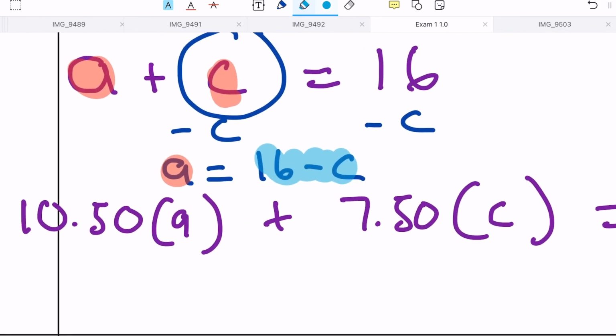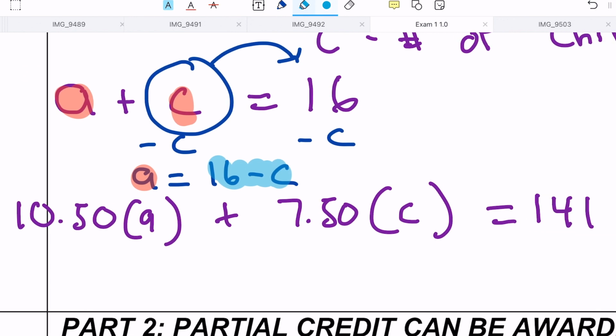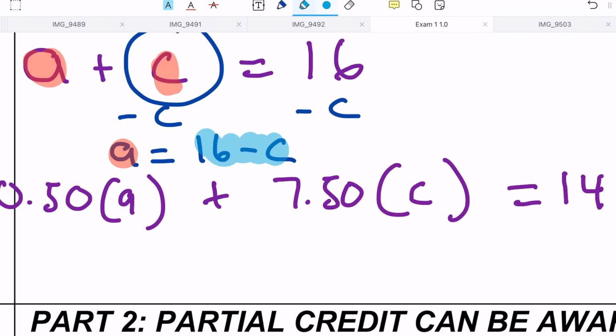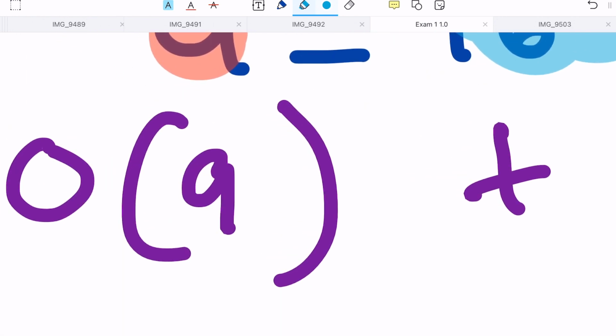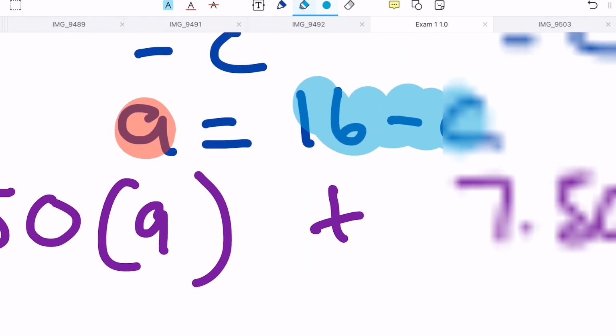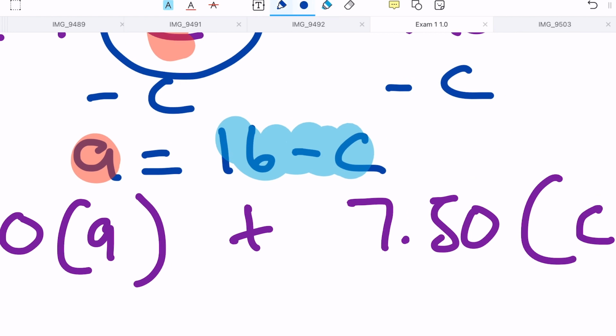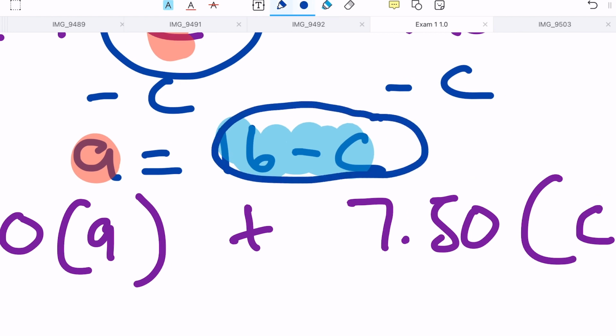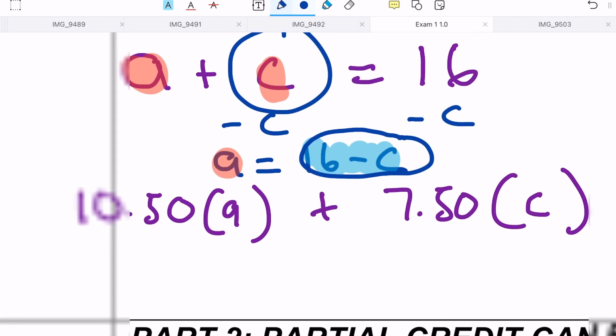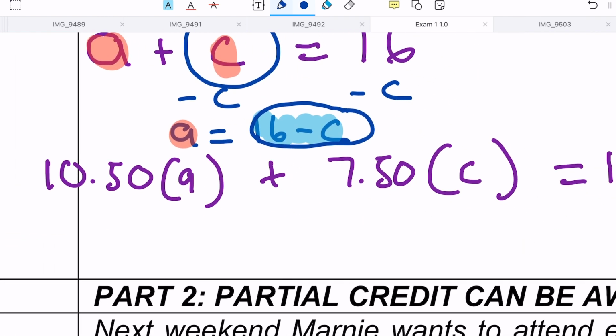My other equation is 1050A plus 750C is 141. But what am I going to trade A for? I'm going to trade A for 16 minus C because I don't want A. I don't want French fries. I want onion rings. So let's do the substitution.